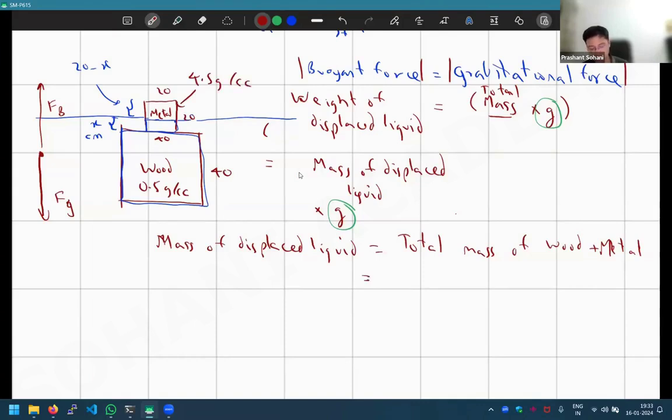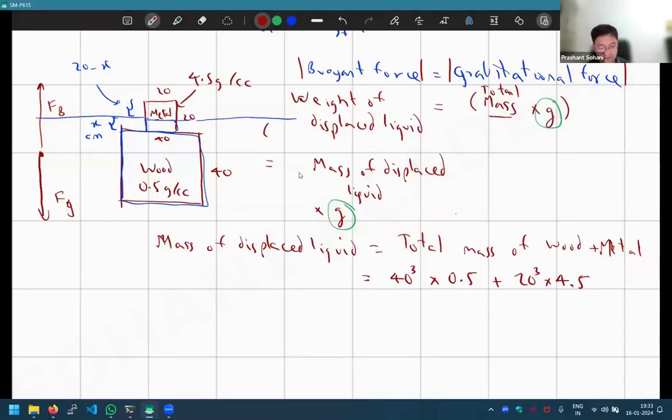To find the mass of the wooden cube, I just have to take 40 cube, that is the size of the object, into 0.5, right? And the mass of the metal cube will be 20 cube into 4.5. So all of this is in grams, right? We are using the CGS system for this question. So the right hand side we know exactly.